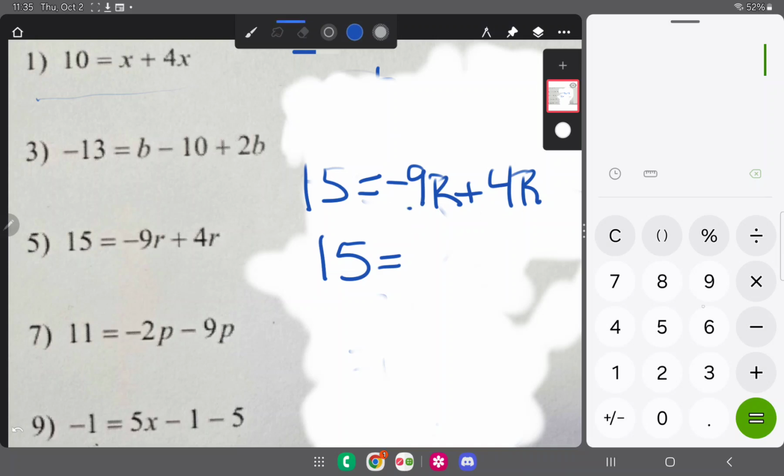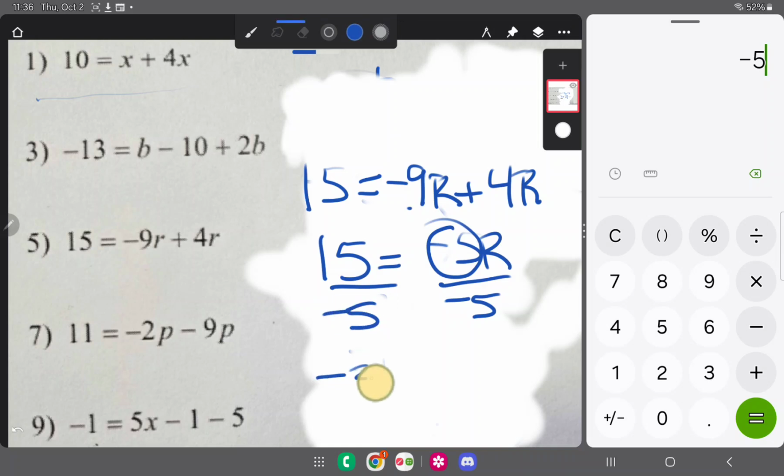Negative 9 plus 4, I'll do it on the calculator since I haven't used the calculator at all, is equal to negative 5. And that's r. Now we have that negative 5 here, so we're going to divide both sides by negative 5 to isolate the r. 15 divided by negative 5 is negative 3, equal to r.